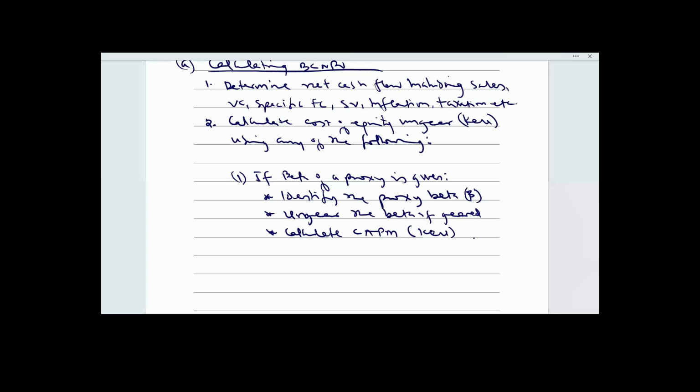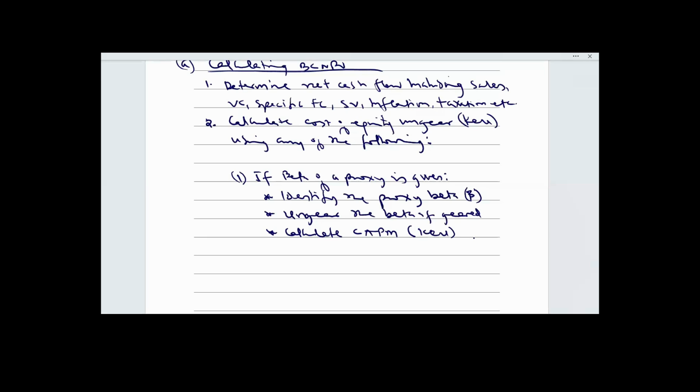So these are the three procedures you are going to carry out if you are given beta of a proxy. Of course, we are going to identify the beta in the question, you ungear the beta if it is geared, then you calculate cost of equity on gear, representing Keu.